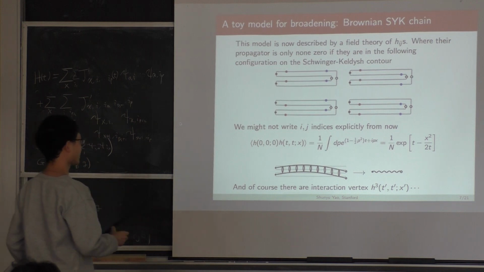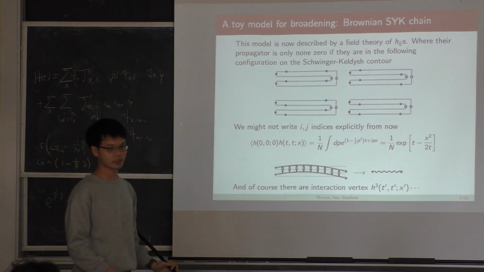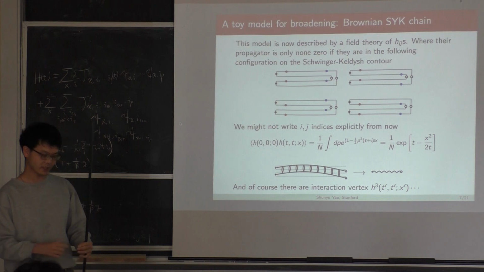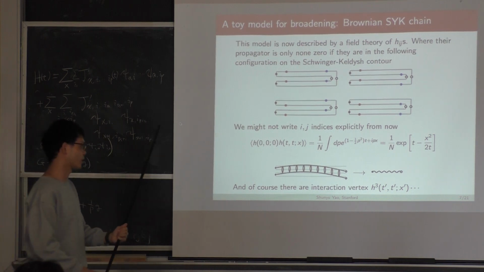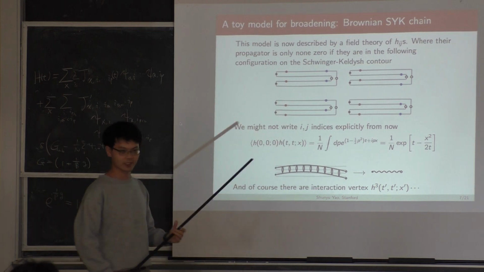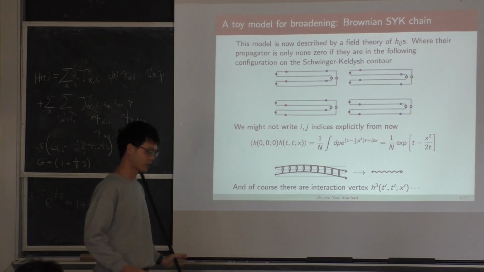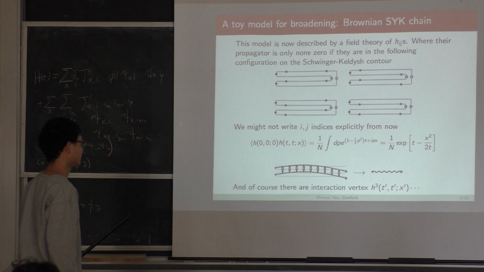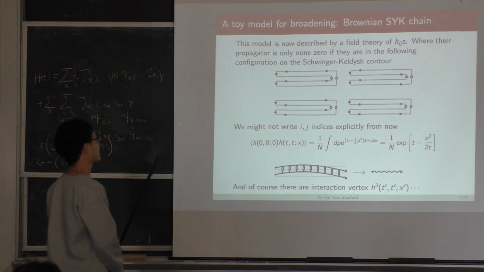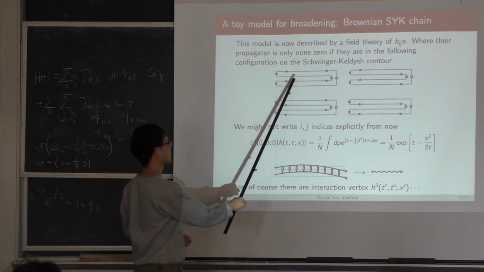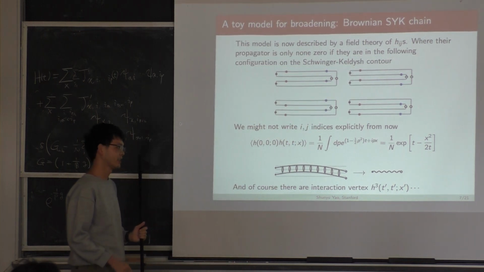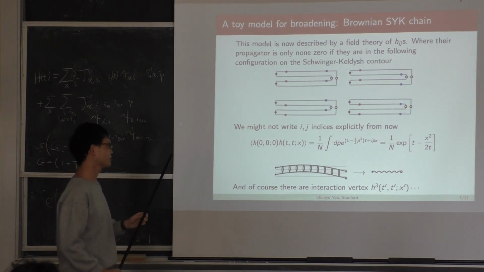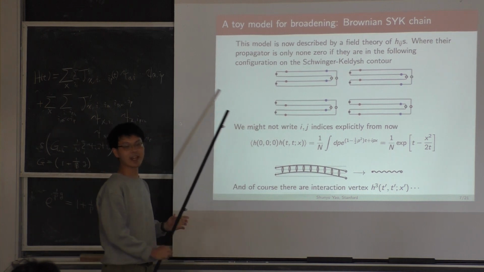Okay, so that's at the propagator level, and of course, in the previous page you already saw this action in terms of small g is a nonlinear action. So there will of course be a lot of interaction vertices like h to the q, h to any higher power, and since we have this knowledge that you only get a nonzero propagator for this out-of-time-order configuration, later on in the talk I will sometimes not write these ij indices.